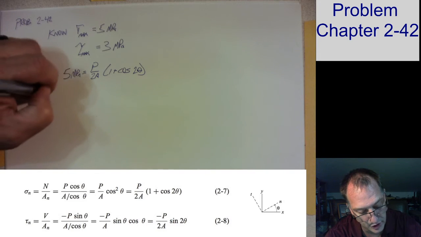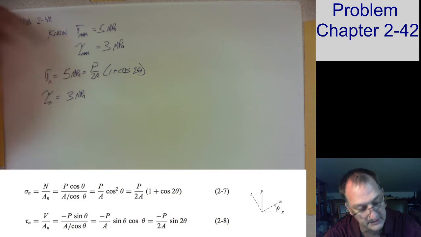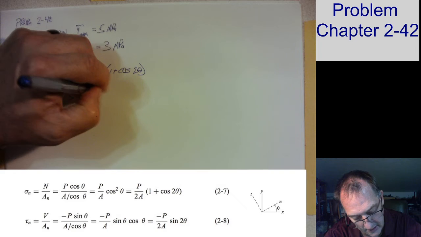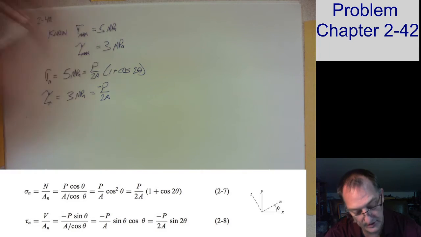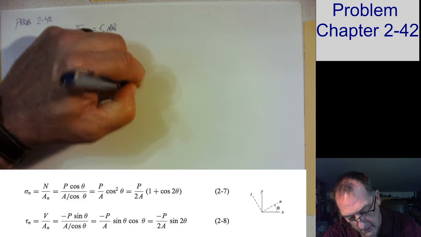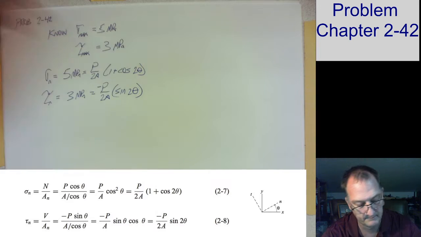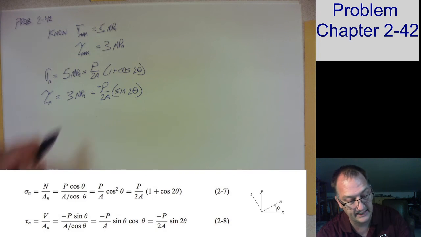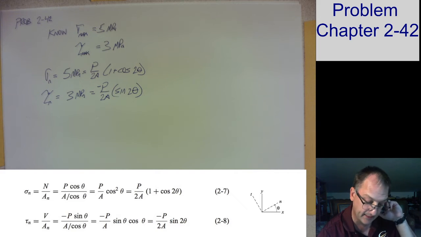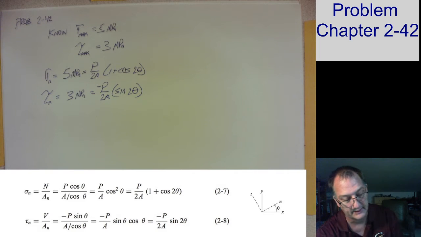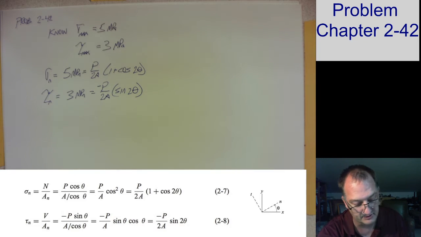And I've got my shear is equal to 3 megapascals is equal to P over 2A, there's a minus there, sine of 2 theta. I can set those equal to each other. Well, I can't set them equal to each other. I guess I could, but that's really not the way to do it. I have to move it across, set them both equal to 0, mess around.